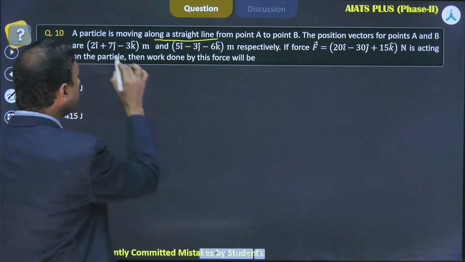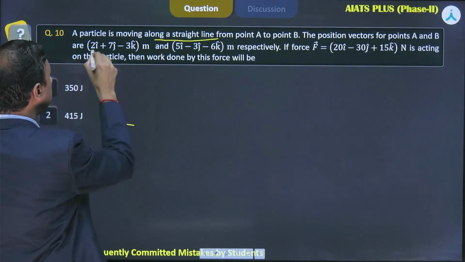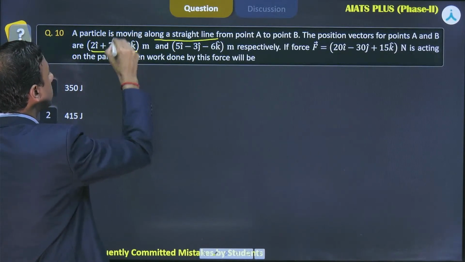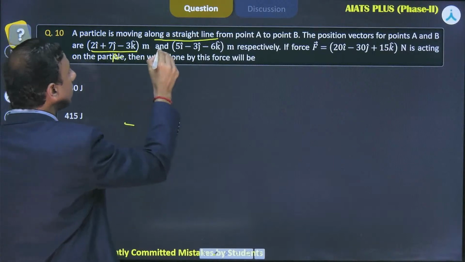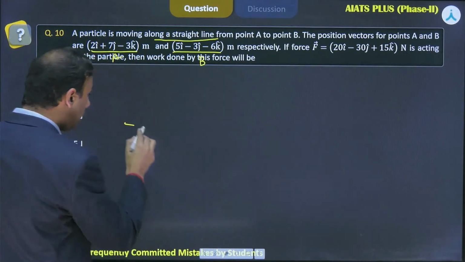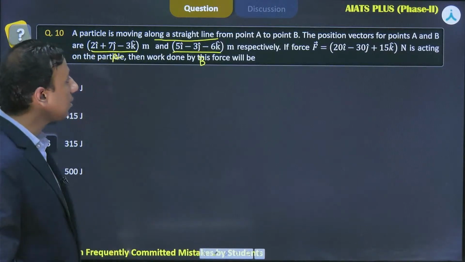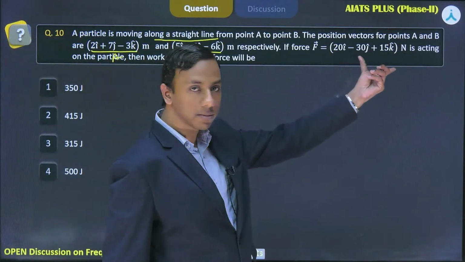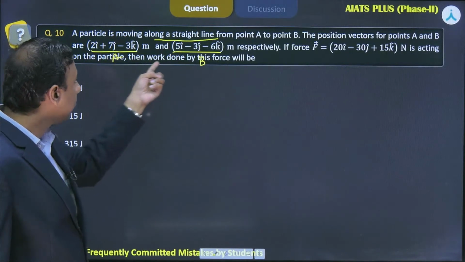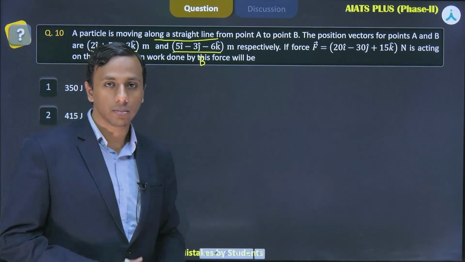Okay, so that means, right, this is for point A, all right, and this one is for point B. Okay, and continue reading the question. Then what are they saying? If force is given, is acting on the particle, then find the work done by this force. This is what you have to find out.